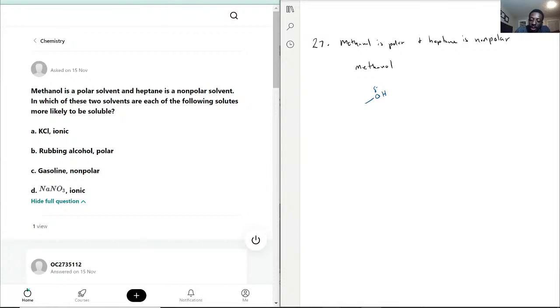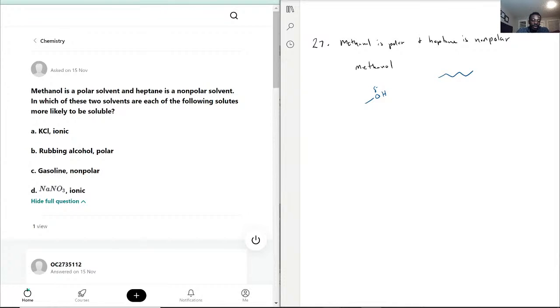But heptane, oops, that's pentane, this is heptane, is filled with carbons and hydrogens. Net nothing, because the difference between each carbon and each hydrogen is negligible, less than 0.4 in electronegativity. So that's what they mean by non-polar.